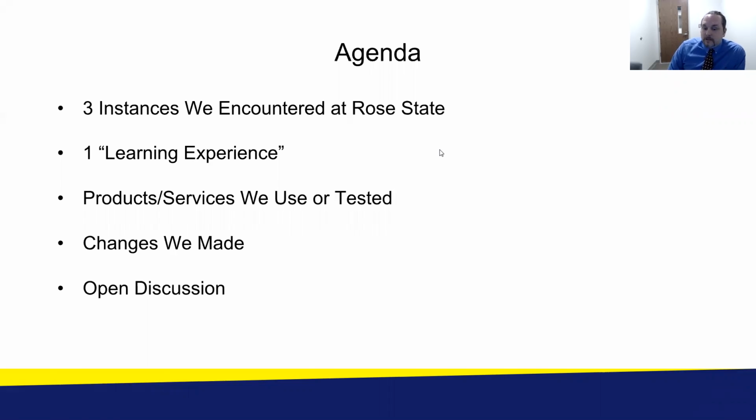What products and services we use here, especially through what our department is called Academic Innovation, and what ones we encourage faculty to use for their online testing experiences. What changes to policy and procedures that we've made, and then the very end of this is going to be an open discussion.